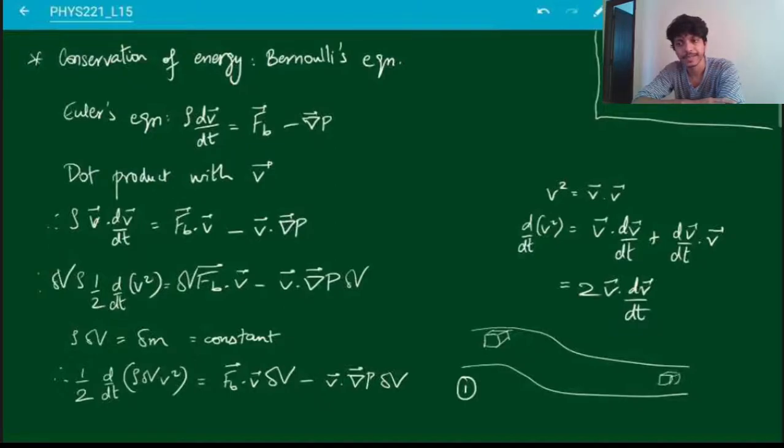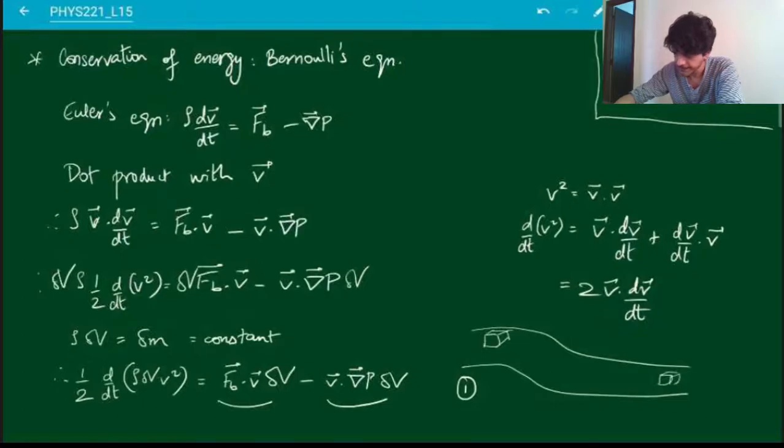Now on the right hand side, I have two terms. One is Fb dot v, and the other is the pressure term. So I'm going to try and now evaluate these two separately. So first let's look at the second term.